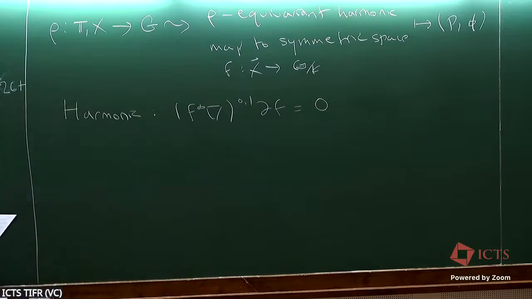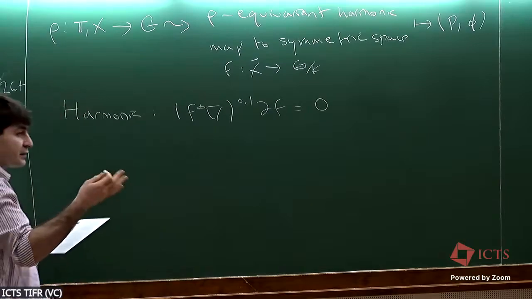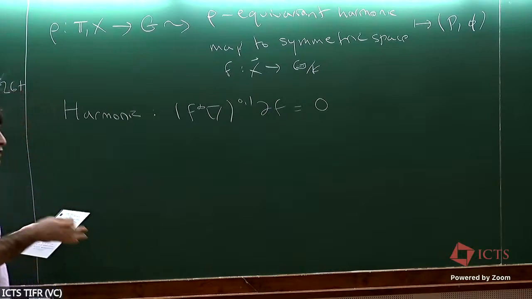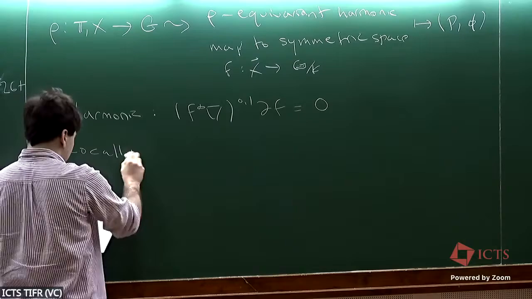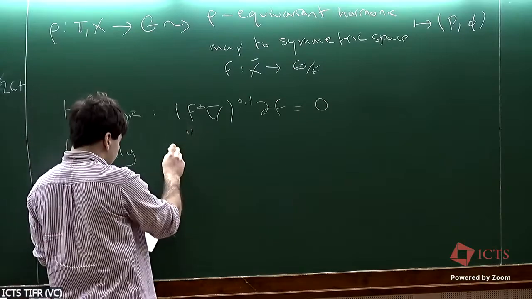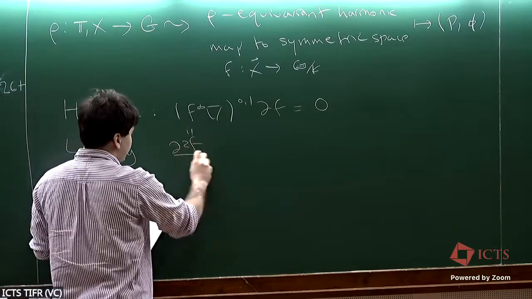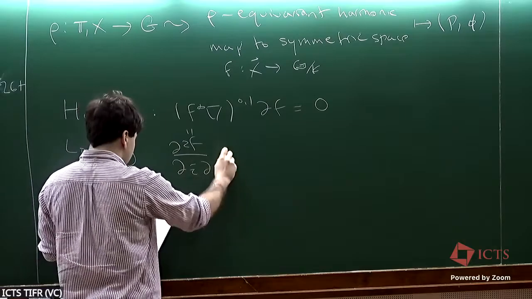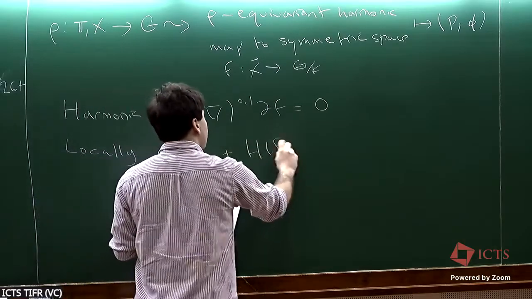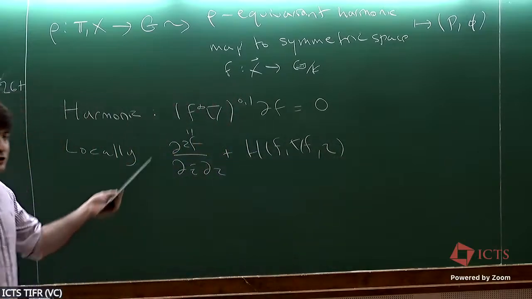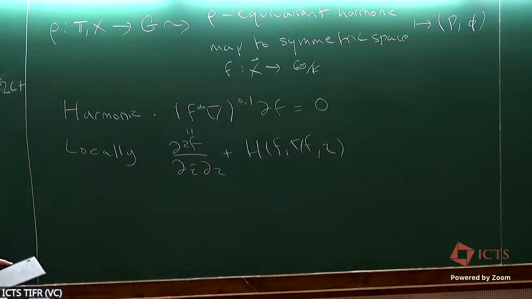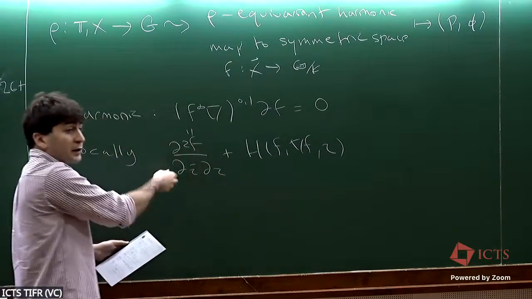Okay. There's plenty of other perspectives, such as minimizing a Dirichlet energy. So we write this out locally with a coordinate, let's say Z. We get del squared F over del Z bar del Z plus some first order term. And so it might be helpful to know that if you replace G mod K with a Euclidean space, this term vanishes and this becomes the ordinary Laplace equation.